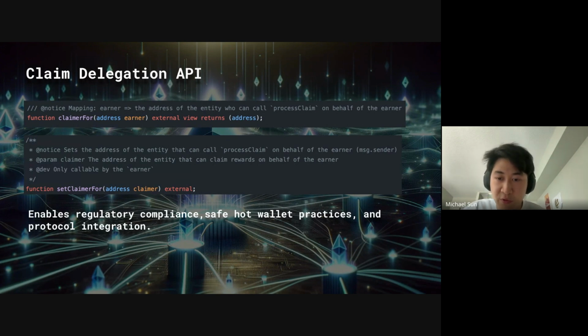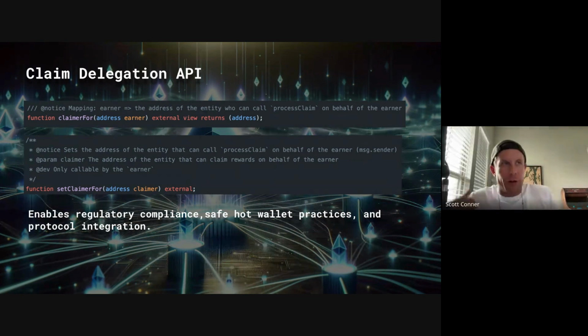If you want to give this to another authority to do all the claiming and pay all the gas expenses, you can set a specific claimer, and there's a mapping in the contract for this. So it's just another integration point.